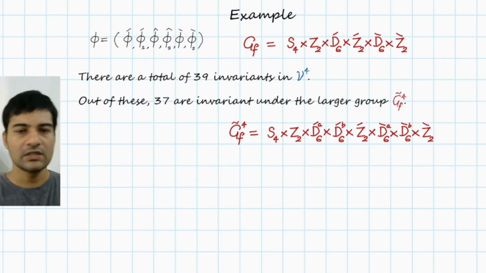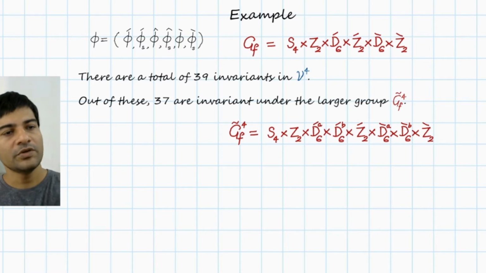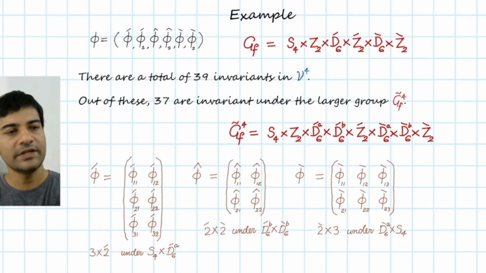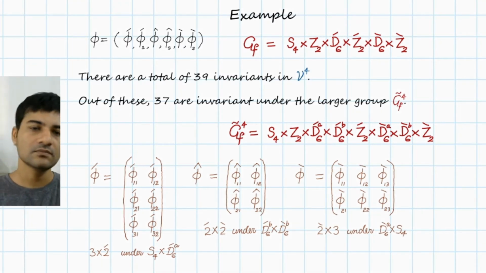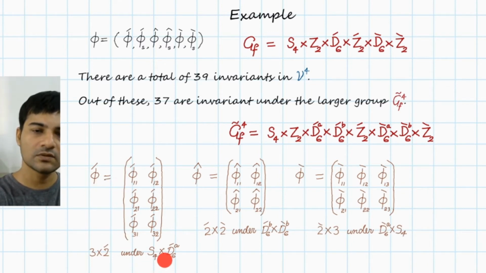And how is this larger group going to act on the fields? So that is given here. Acute phi is a triplet under S4 and a doublet under acute D6A. If you remember earlier, this doublet was simply acute D6. This time it is acute D6A.